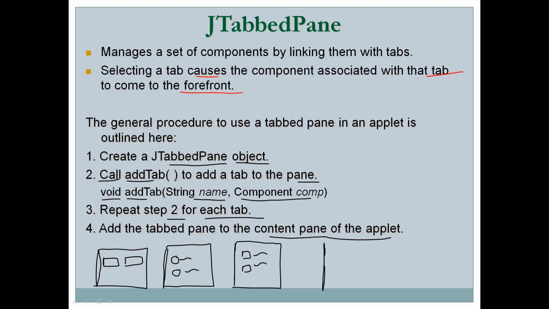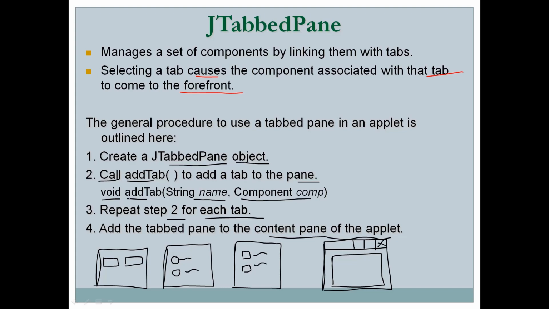So this is the applet with some buttons on the top. On this applet, as the first step explained, we have to create an object of tabbed pane. When we create it, it will create something like this. The tabbed pane is also a container, remember.